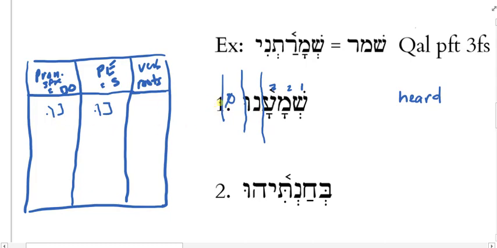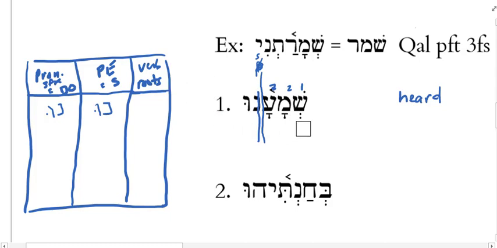But if the nun is really not slot number 2, but really slot number 3, that is to say, if slot number 2 is zero, then it's the direct object, okay? So we've got to ask ourselves, which is it? And for that, we have to look at the vowel pointing here, okay?